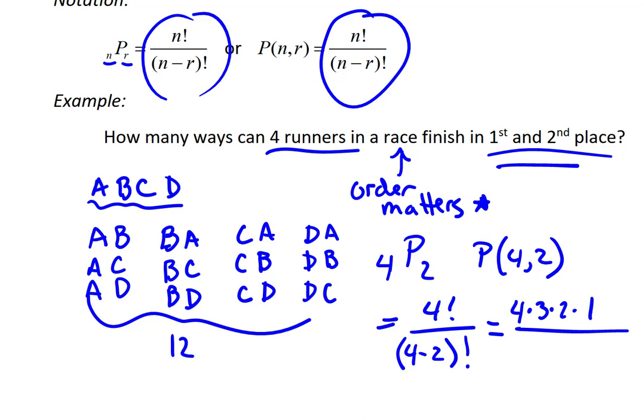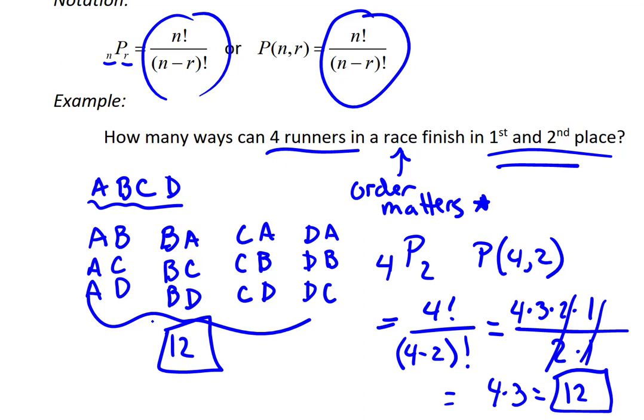Down in the denominator, we have 4 minus 2 factorial. Well, really, that's 2 factorial, which is really just 2 times 1. But then the 2's would cancel, and so would the 1's, which means this is really just 4 times 3 over 1, which is really 12. And notice that's matching the ones we wrote out by hand.